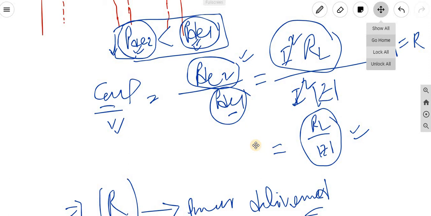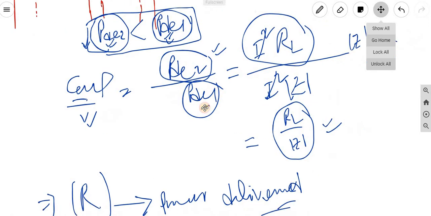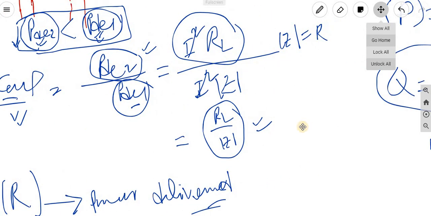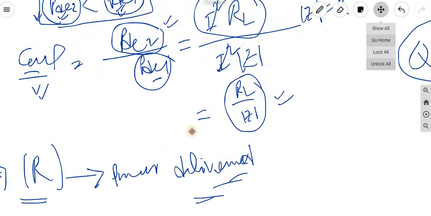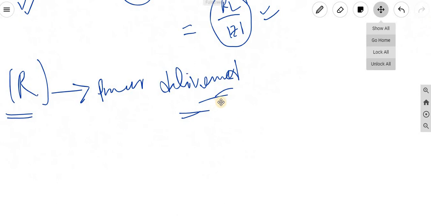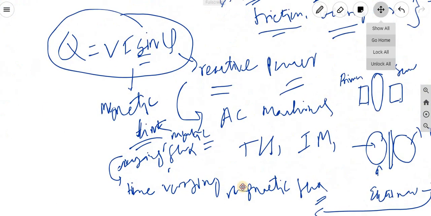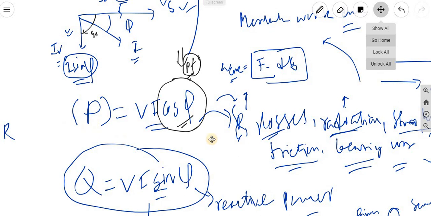Then the leading and lagging concept: if the current is lagging with respect to the voltage, you have to mention the power factor as lagging, leading, or unity. And we have seen the concepts of power delivered and power absorbed, and their significance.